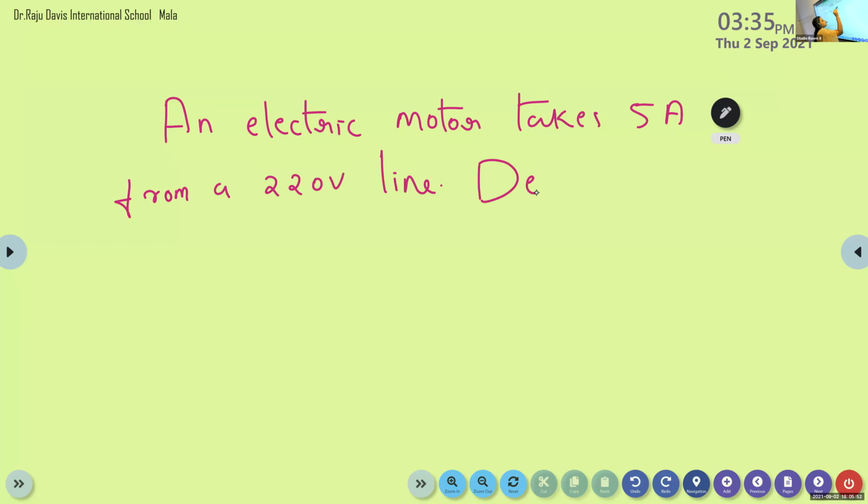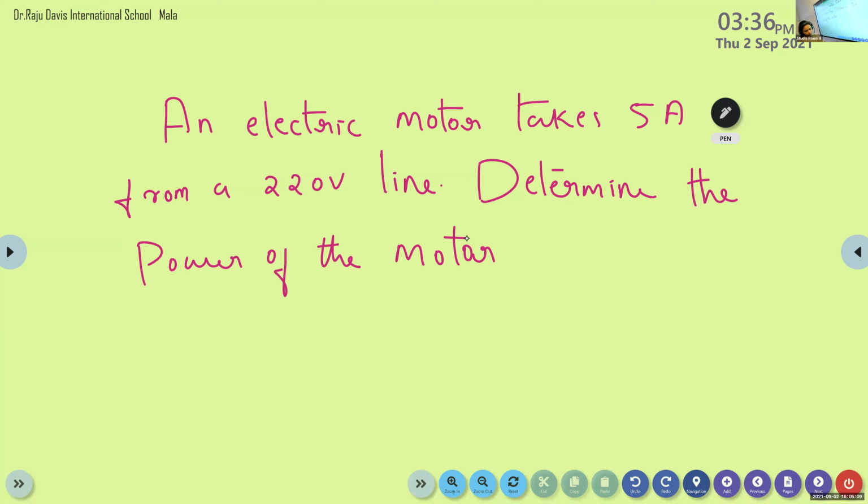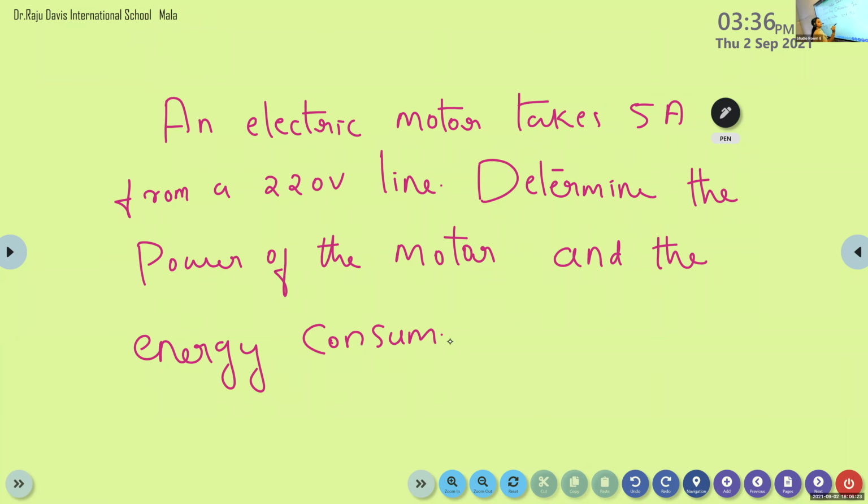Determine the power of the motor and the energy consumed in 2 hours. Electrical energy consumed in 2 hours.